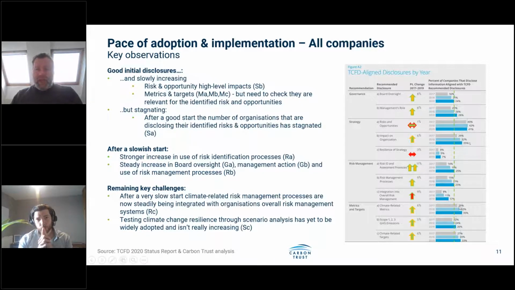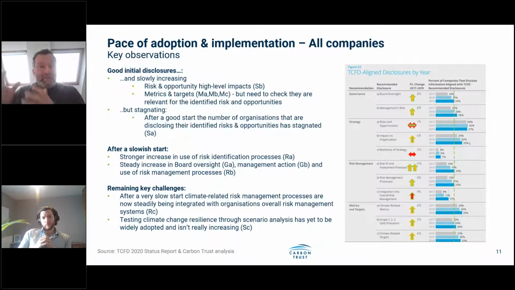I think what's also worth flagging is the risk identification process. If you look at the questions around risk management, this is all about asking how climate-related risks are integrated within your normal risk management process within your business.